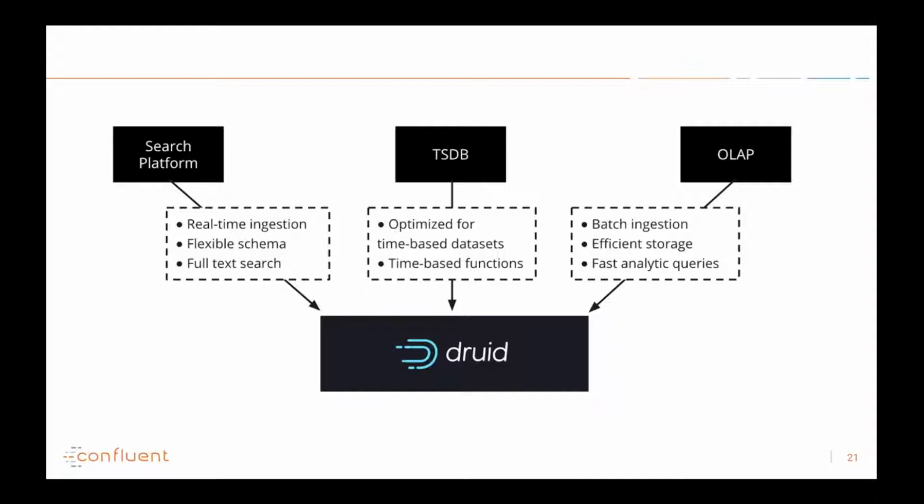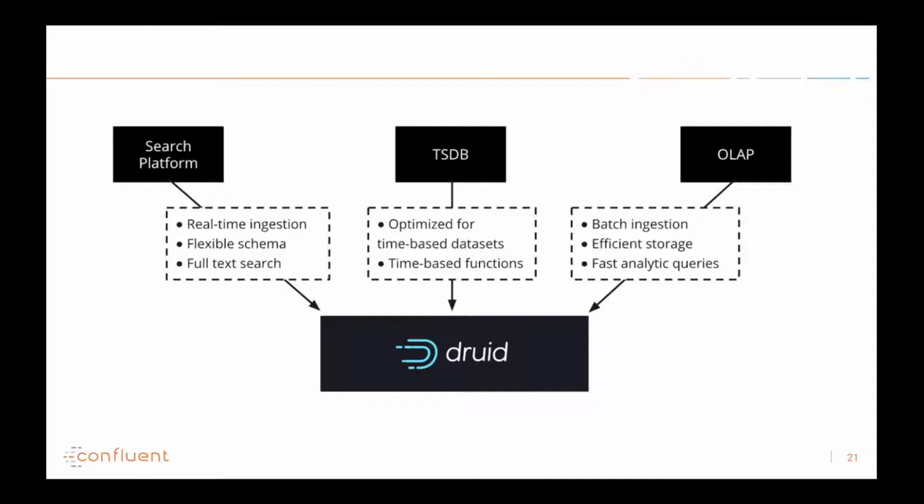So the developers that were tasked with this looked at the existing tools that were on the market. They looked at search platforms like Elasticsearch, and they said that this was great because it had real-time ingestion, so it solved the data lake problem of real-time ingestion. And the schema was flexible, but there was no ability to slice and dice the data. There was no analytics, there was no SQL, and the end user tools out there for it were limited.